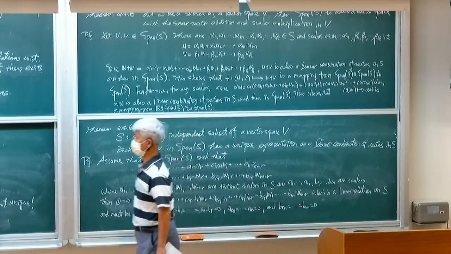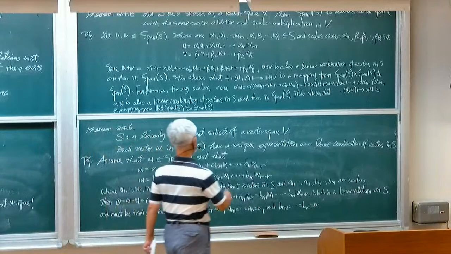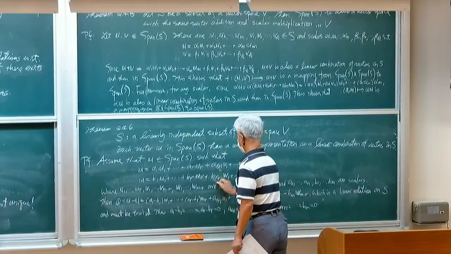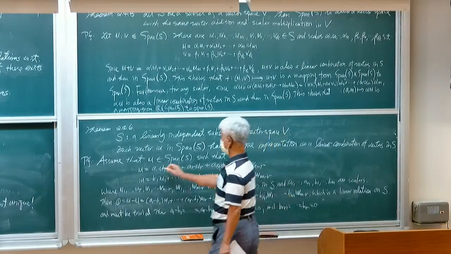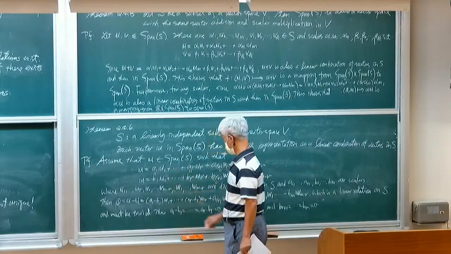So it turns out that all coefficients here are zeros. And A1 equal to B1, AR equal to BR. Of course, A2 equal to B2.